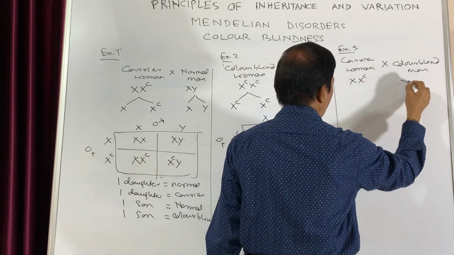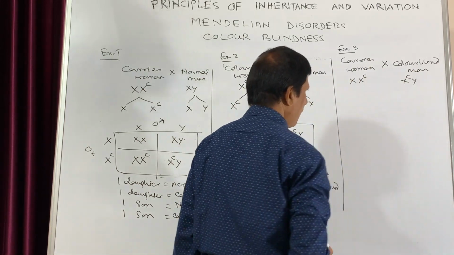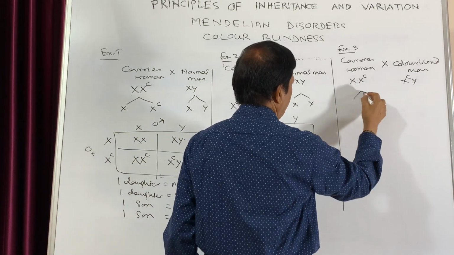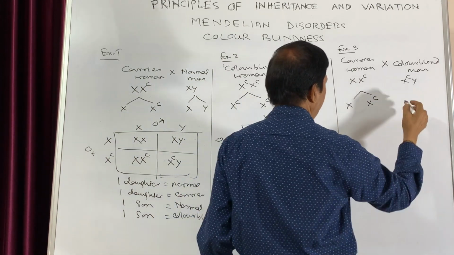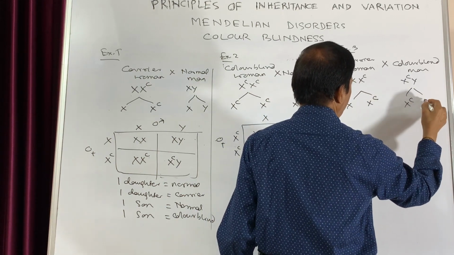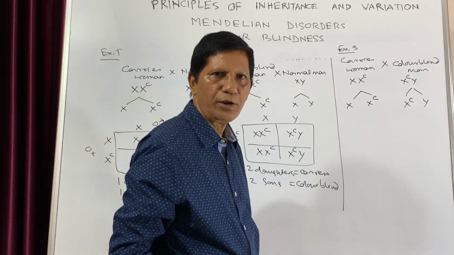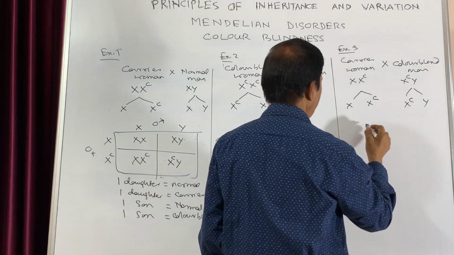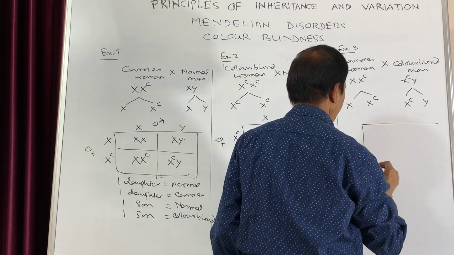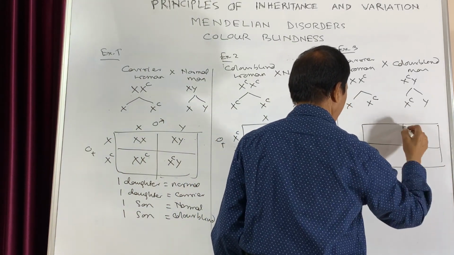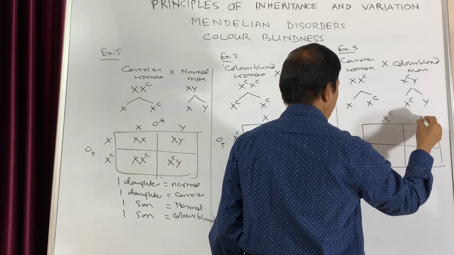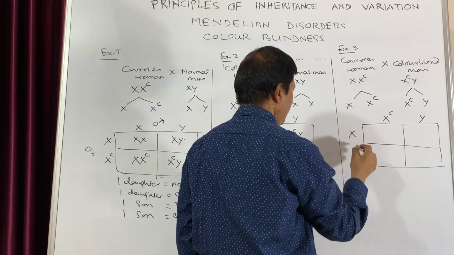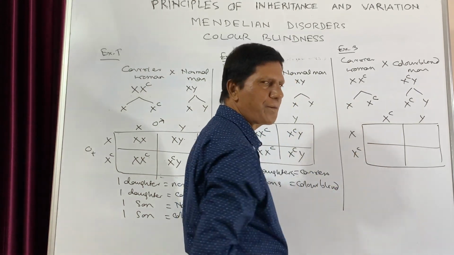So colorblind man will be XC and Y. Now here the X will be X and XC, and here it will be XC and Y. Now you will draw the checkerboard for F2 generation. So in the male side it will be XC, Y. In the female side it will be X and XC.